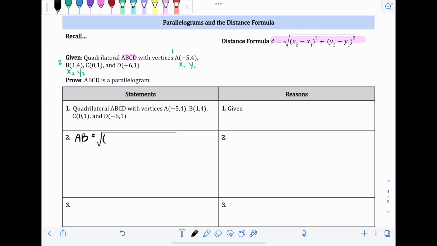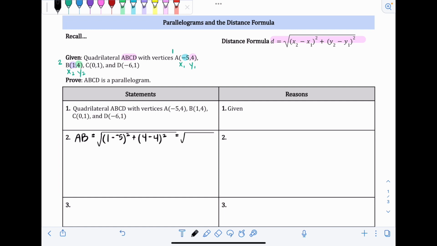So it's the square root of x2, which is 1, minus x1, which is negative 5. So 1 minus negative 5 squared, plus y2, so 4, minus y1, which is also 4. So plus 4 minus 4 squared, and now we can simplify.